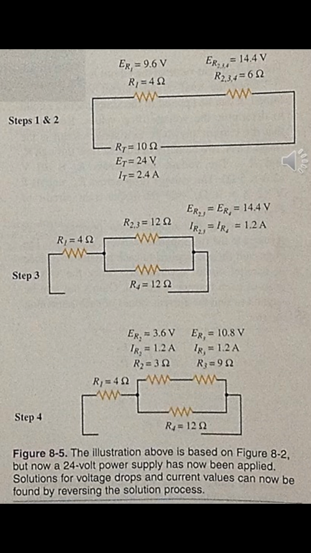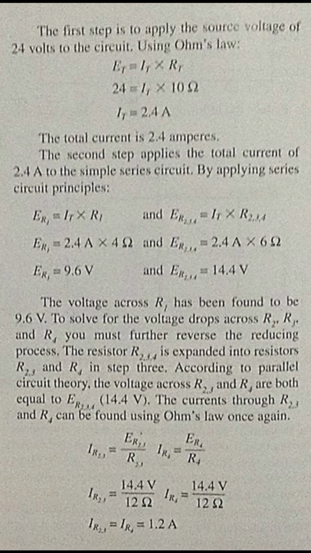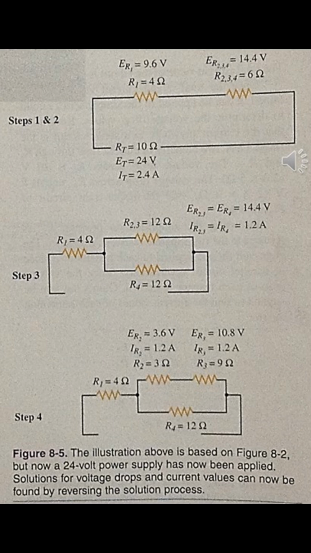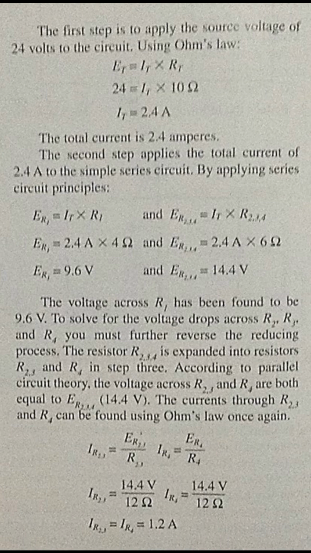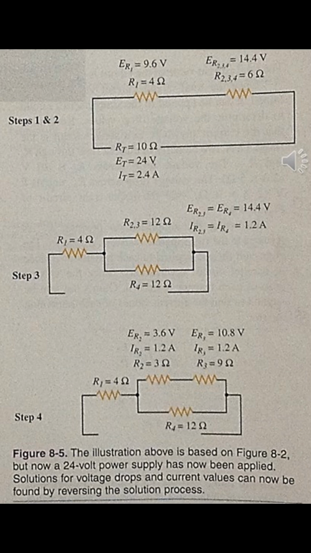To solve for the voltage drops across R2, R3, and R4, you must further reverse the reducing process. The resistor R234 is expanded into resistors R23 and R4 in step 3. According to parallel circuit theory, the voltages across R23 and R4 are both equal to ER234, or 14.4 volts. The currents through R23 and R4 can be found using Ohm's law once again.